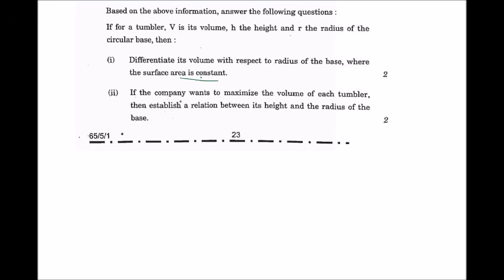And the second, if the company wants to maximize the volume of each tumbler, then establish a relation between height and the radius of the base. Here they fix the surface area of the tumblers, so all the tumblers are of equal size.